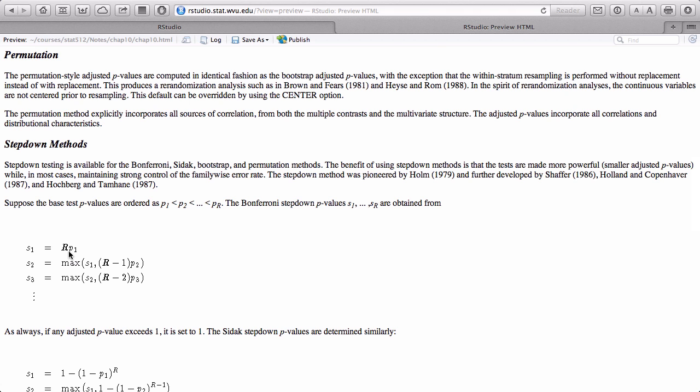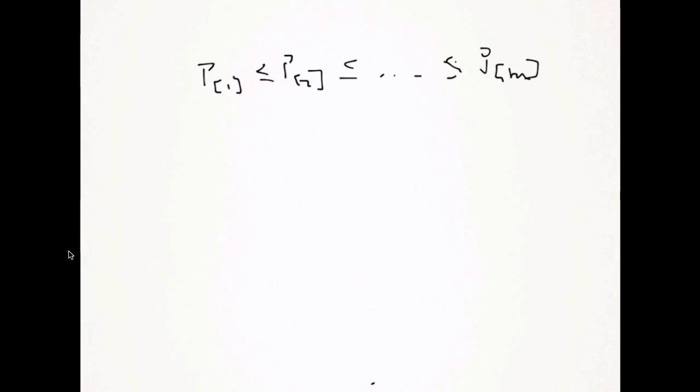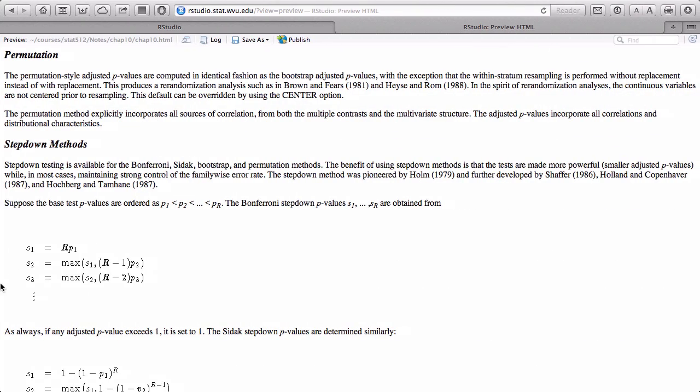If I rank the p-values, then the procedures that I talked about use these ranked p-values. In this case, they say, suppose these are the rankings. They didn't use the brackets, but I'd rather use the brackets because it's a more common notation.